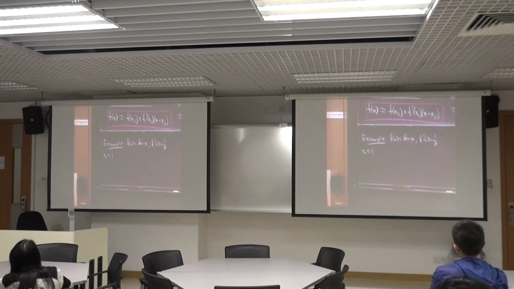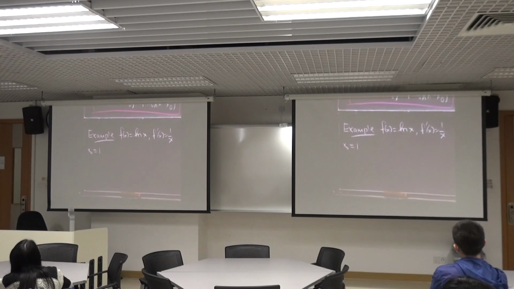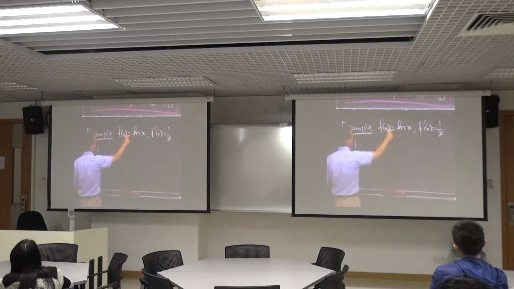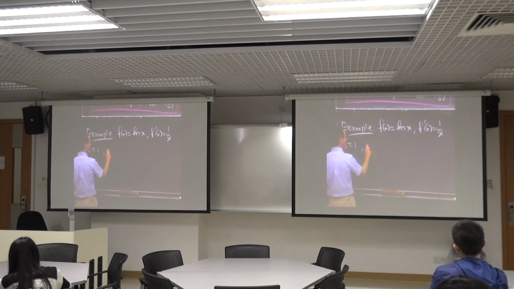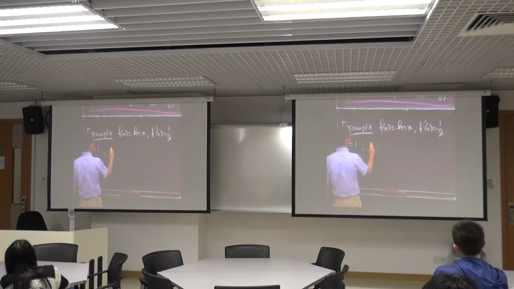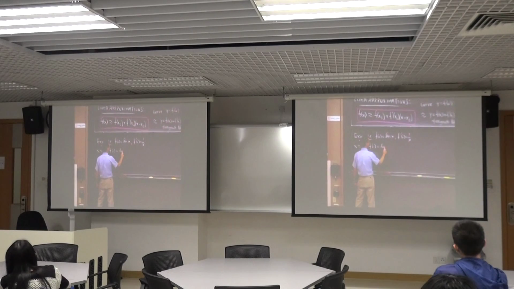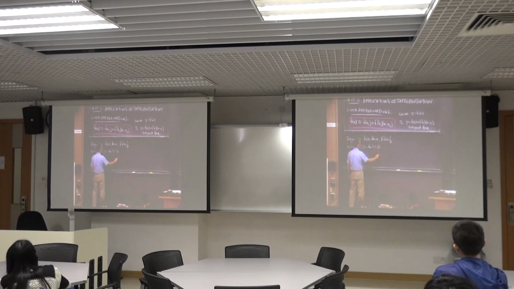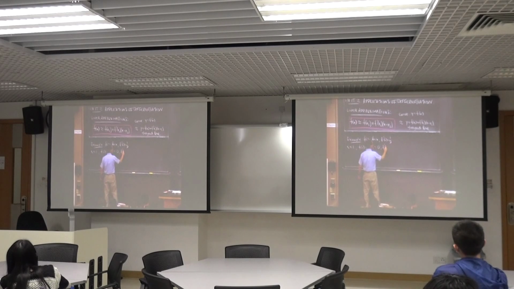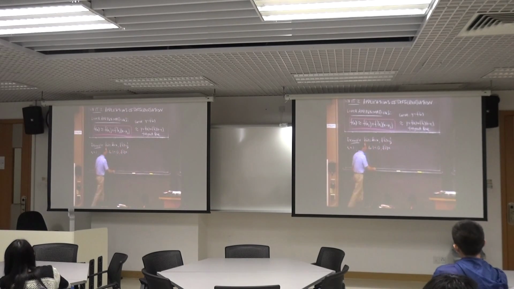That's pretty much the only place where we know the logarithm for sure. And so what we plug in here now are the values. So f of 1 is the log of 1, which is 0. And f prime of 1, well, that's 1 over 1, which is 1.